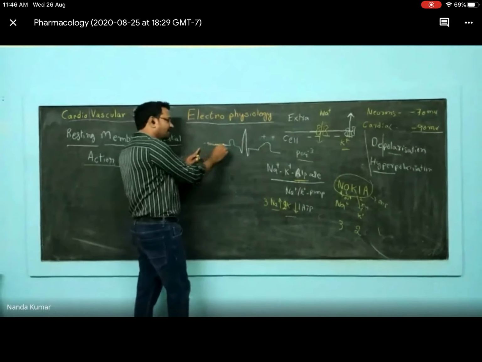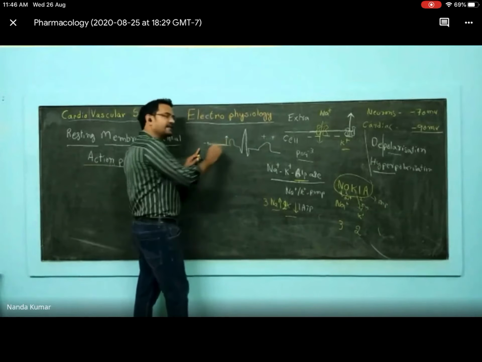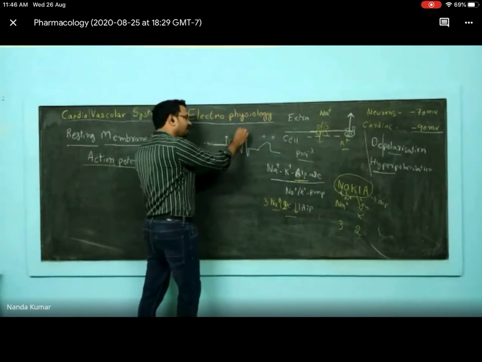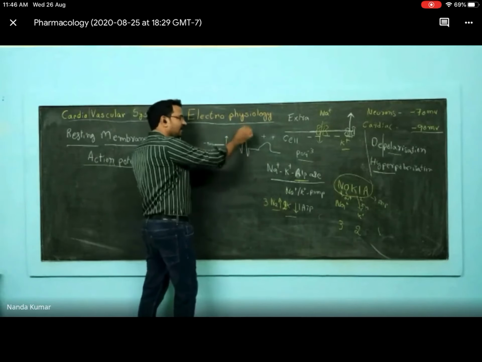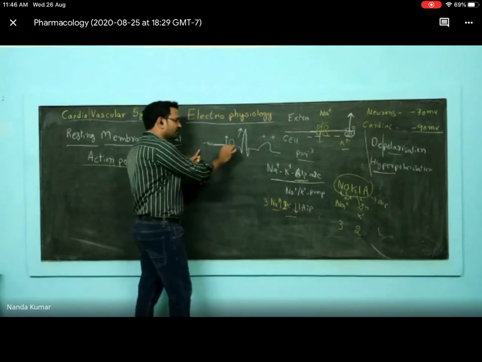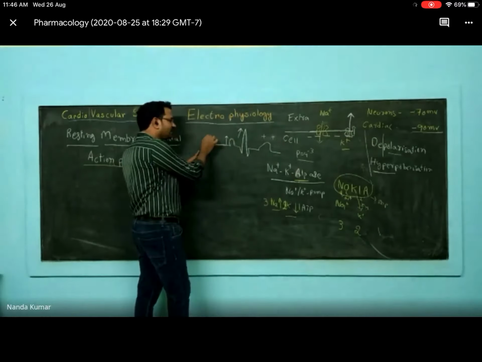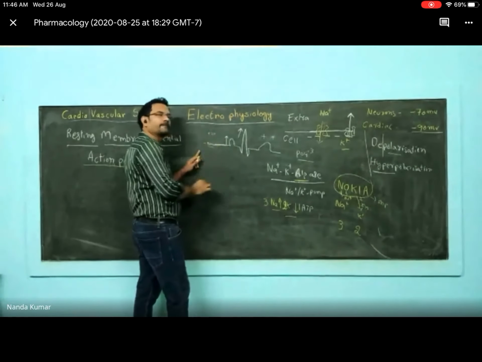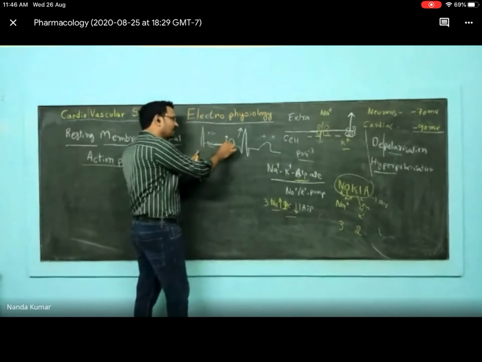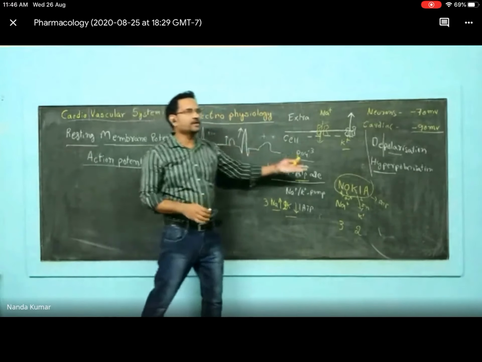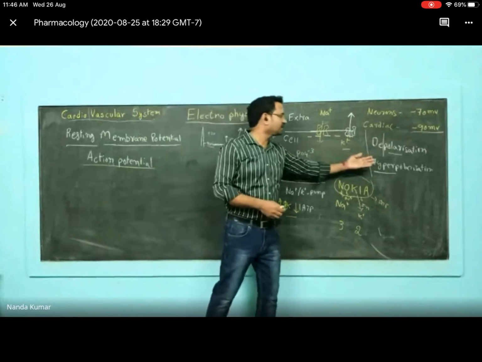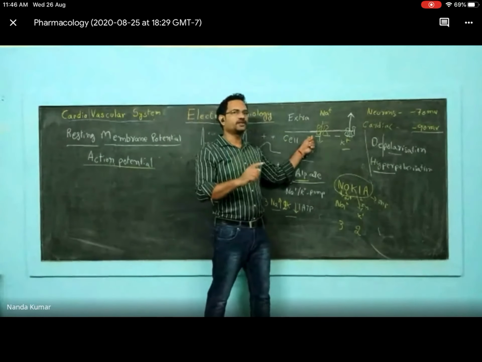When the minus 90 is changed to positive, you will get a spike. This spike indicates there is a depolarization. That is why these inflections are there. So this rise is nothing but from minus 90 becoming plus 20 or so. So there is a rise and that is what gives these spikes. So these spikes are nothing but depolarization. What did I say? What is depolarization? When negative is converted to positive.